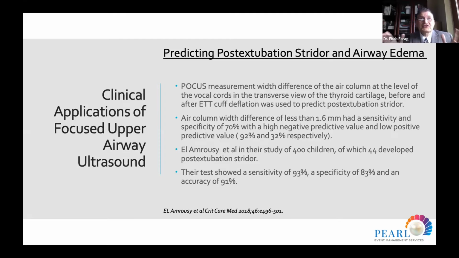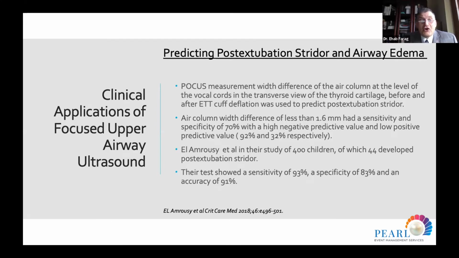So the presence of an inflated cuff can decrease the airway column. So if I deflate and measure the airway column, it is going to be larger in deflation than when inflated.